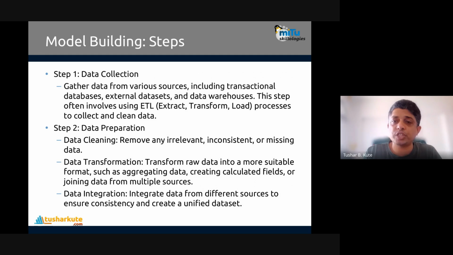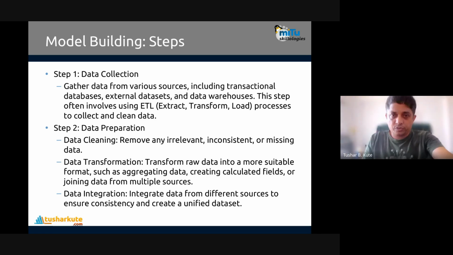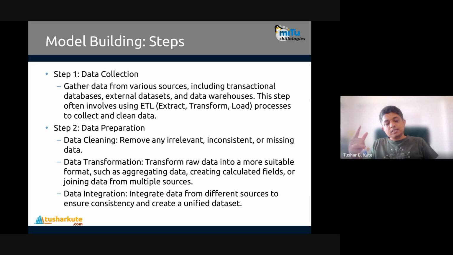The first step is data collection. Again, the general idea is that they require fuel, and the fuel is data. Step number one is data collection. They gather the data from various sources, including transaction databases, external data sets, and data warehouses, where we employ the ETL process, extract, transform, and load, to collect and clean the data.